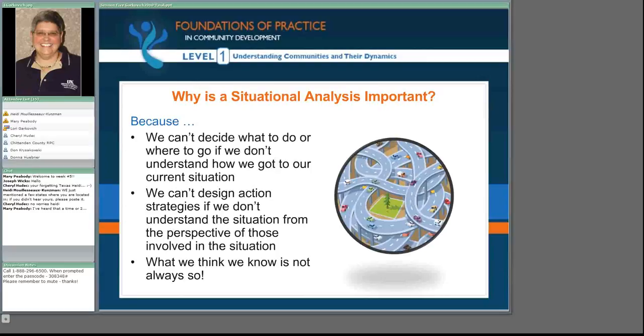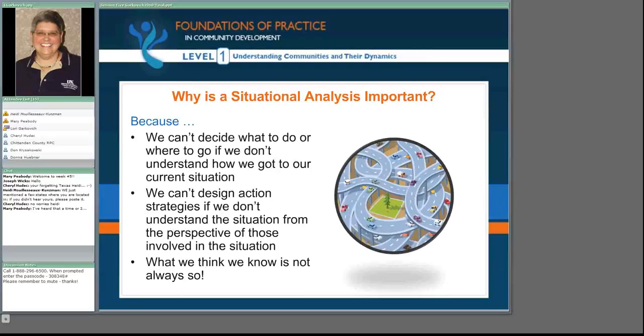It also is important because I think too often in communities, people like me, outsiders, although I try to avoid this, or persons in the community, are absolutely positive that they know what needs to be done. And by gosh, they're going to make everybody do it because they know they're right.